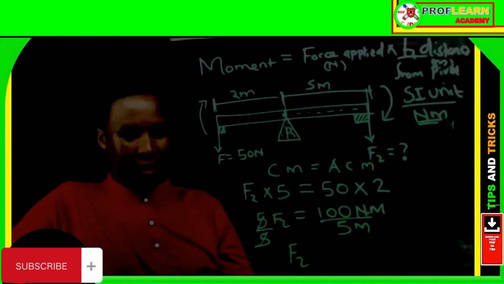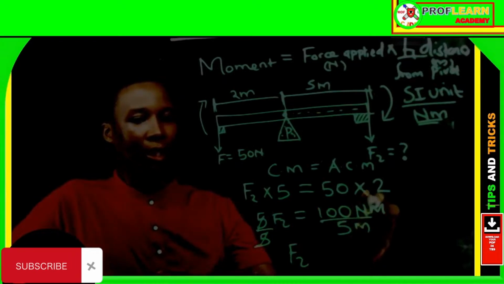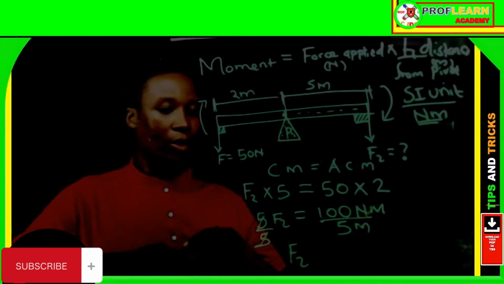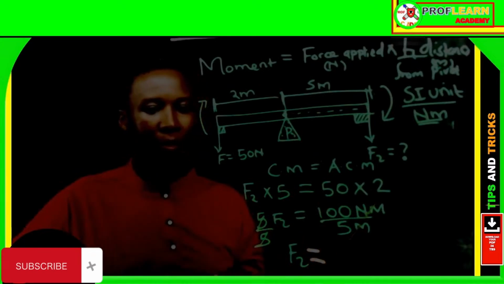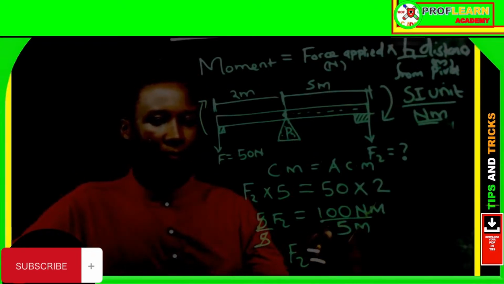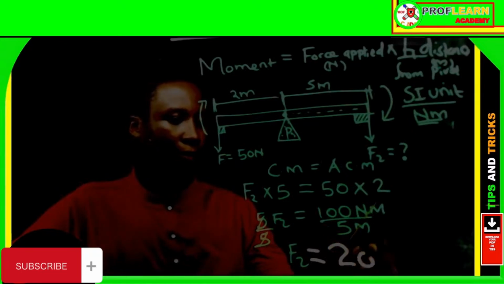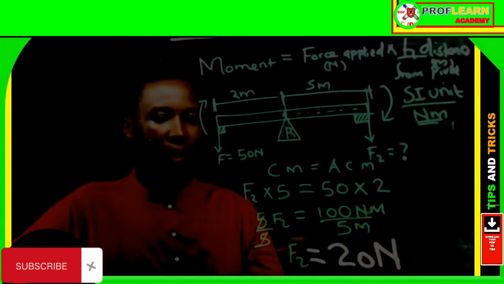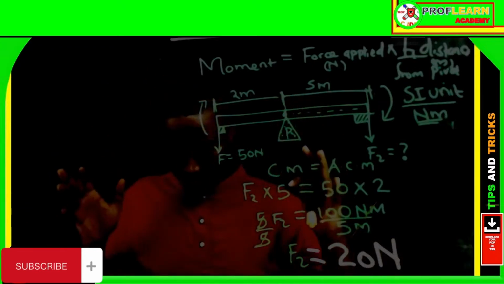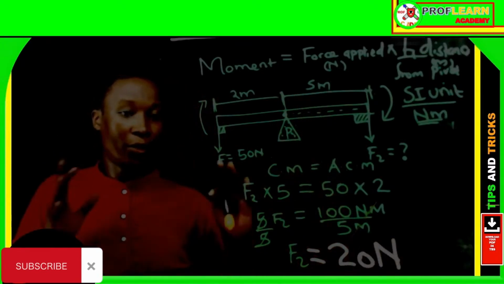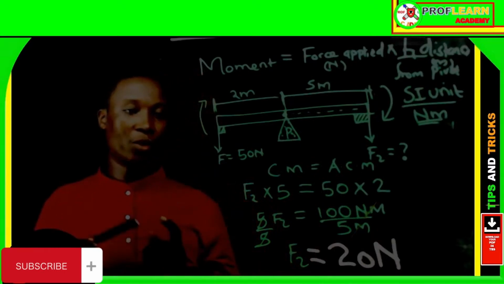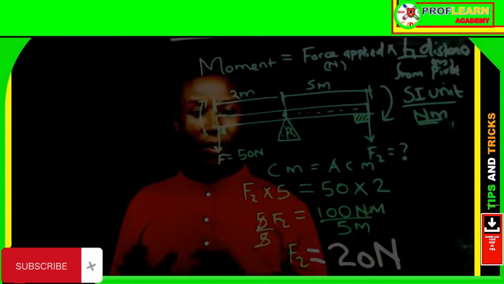So what are we going to remain with? Our F2 now is going to become a force of 20 Newton. So the force that is required to balance this system, for it to be at equilibrium, is going to be 20 Newtons.